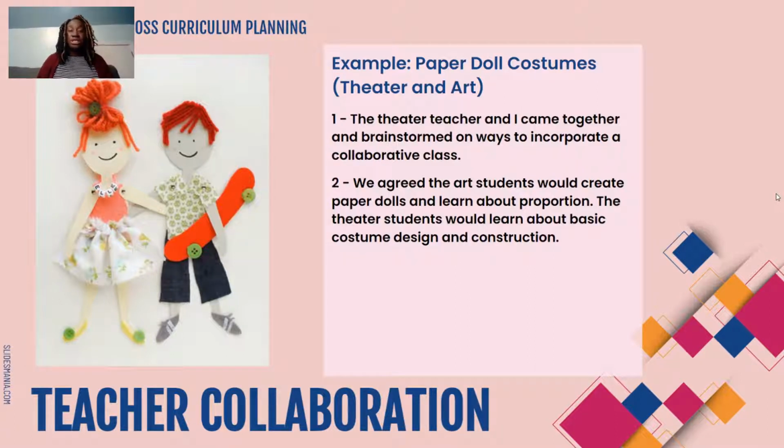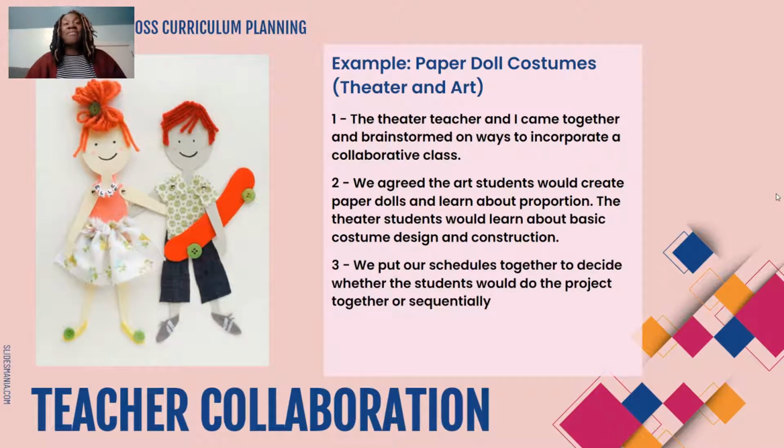So the theater students would learn how to do costume design and basic construction. Now, it won't be 3D construction per se. However, at least they would understand how costumes come together, whether they're using a script or a storyline. They will learn about seasons, props, things like that.